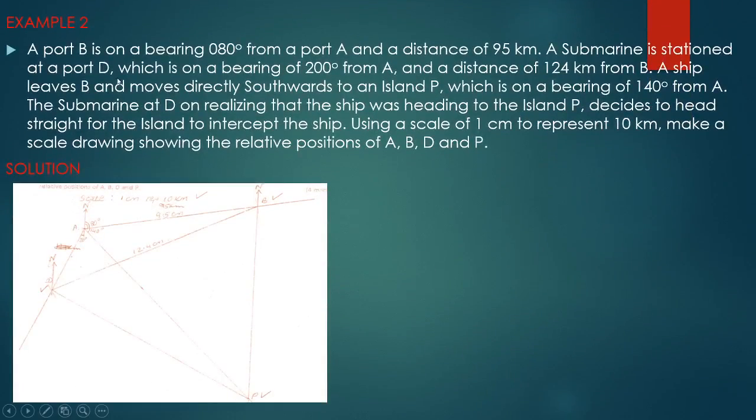Example number 2. A port B is on a bearing of 80 degrees from a port A and a distance of 95 kilometers.